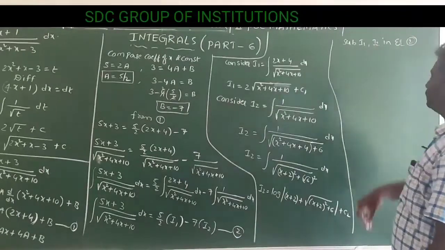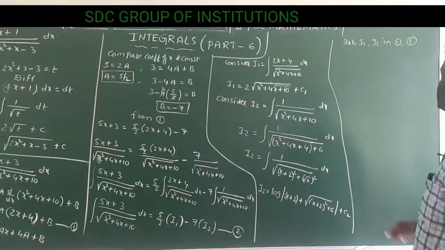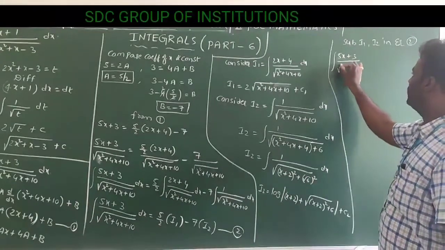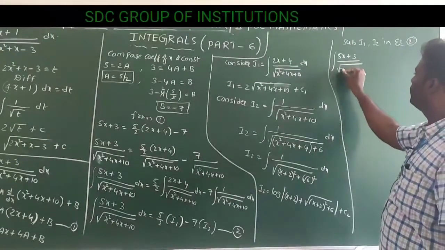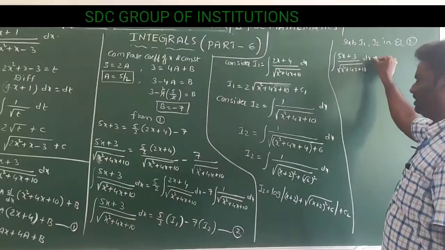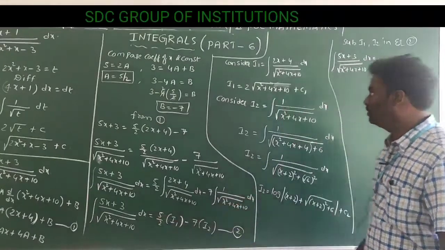in equation 2. In equation 2, the LHS integral of (5x plus 3) by under root of x square plus 4x plus 10 dx is equal to 5 by 2 into I1.